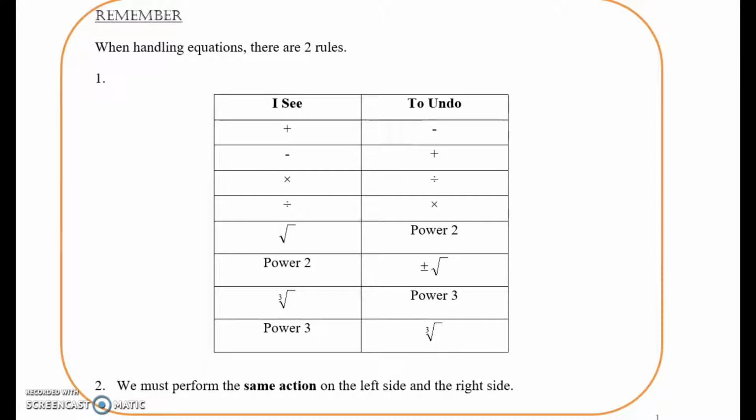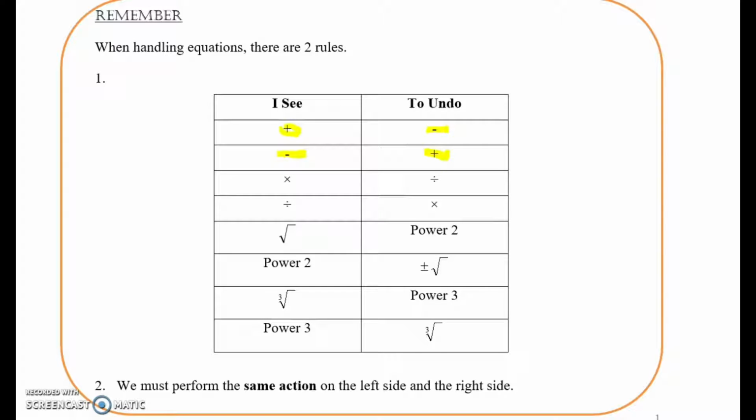To remove any unwanted variables on either the left or right hand side of the formula, we need to undo them. So, if you see a plus operation, to undo, you need to minus. And if you see a minus operation, to undo, you need to plus.